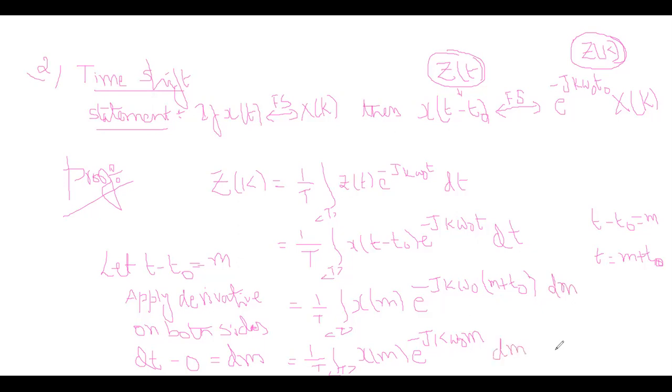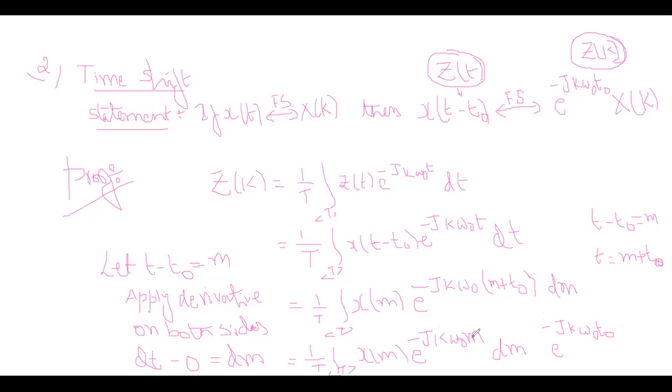And another factor, e power minus jk omega naught into t naught. Okay, you see this one, 1 by T, the integral over T, x of m, e power minus jk omega naught m dm. This is the same equation.